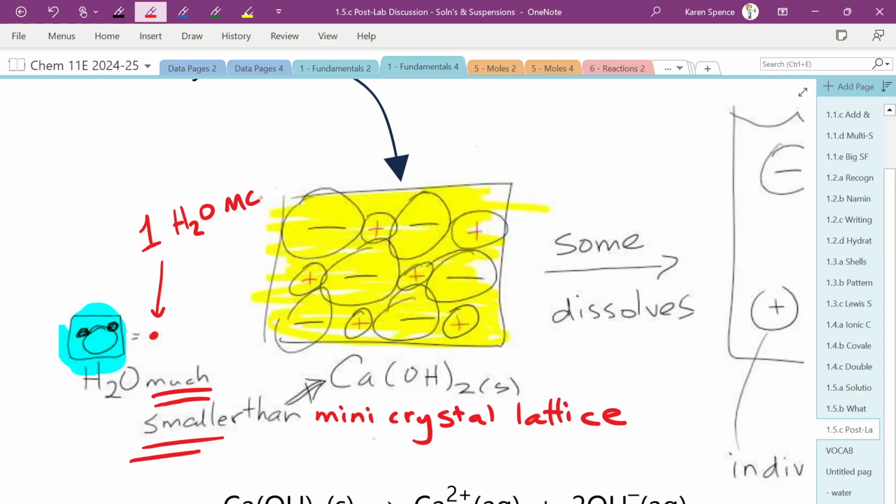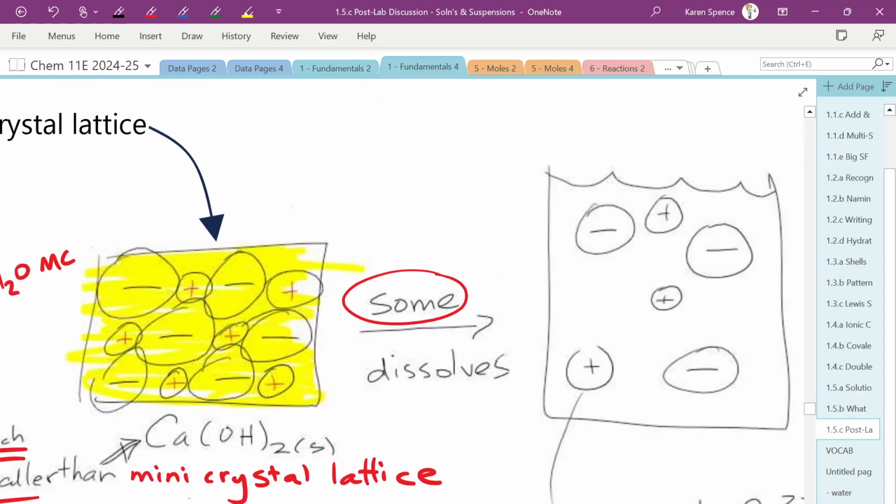Now, on the previous page, we hadn't looked at any of it dissolving yet. We had just looked at the solid little bits being suspended. Now we're going to look at some of it dissolving. So when an ionic compound dissolves, what do the ions do? They separate from one another. Do you guys remember what that's called? When the ions separate?